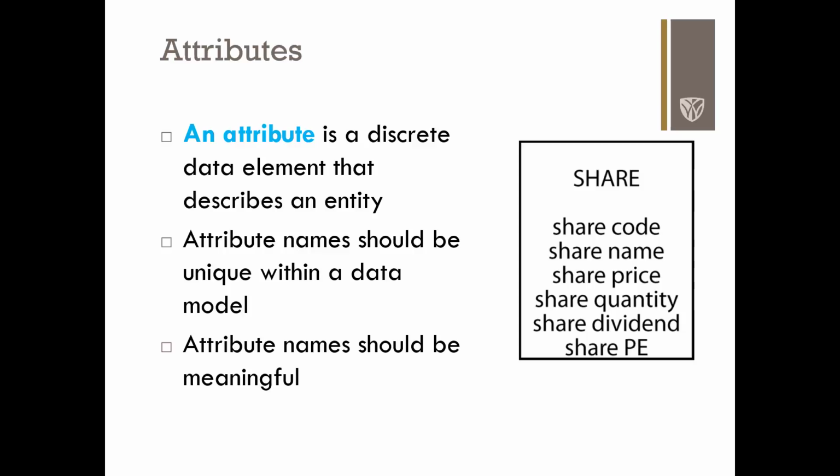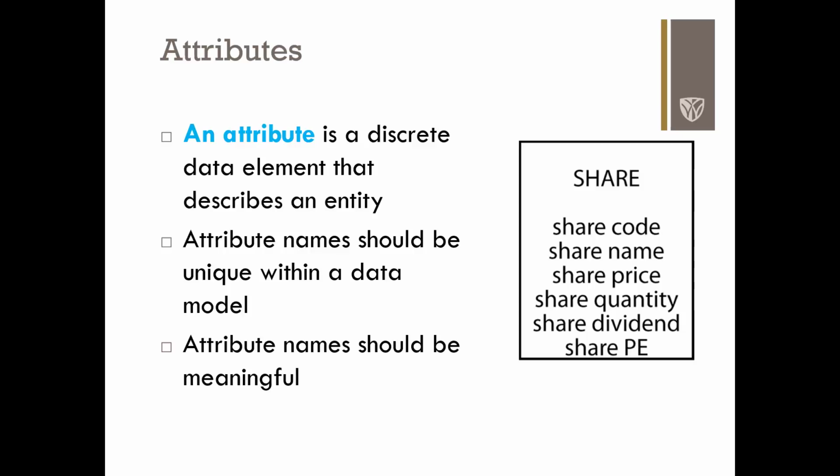The attribute names that we use within our entity should be unique within our entire data model, which means later on, when we start talking about more complex databases, we might have a data model that contains data on maybe 10 or 20 or 100 entities. And we want to make sure that the attribute names we have are unique across all of those entities or all of those tables.